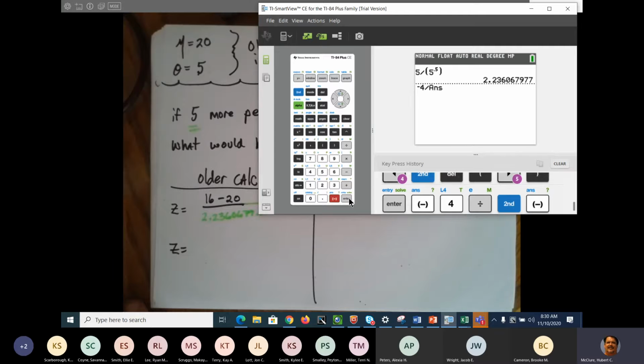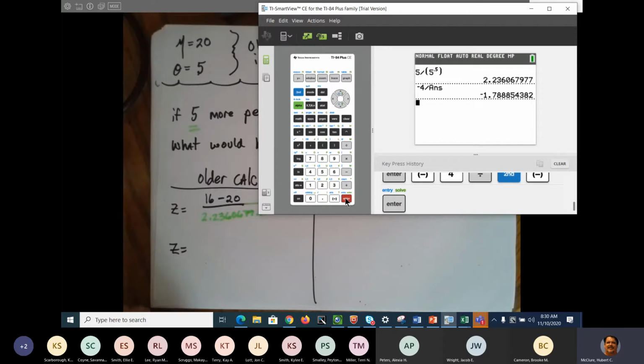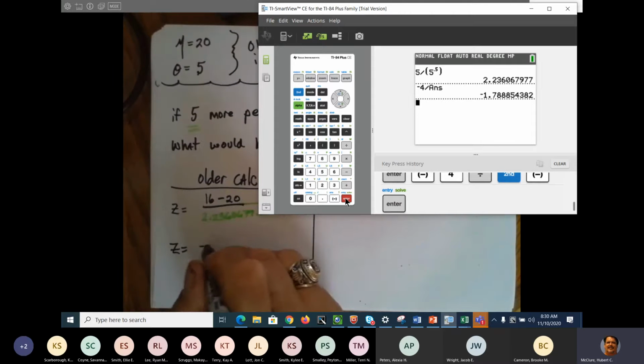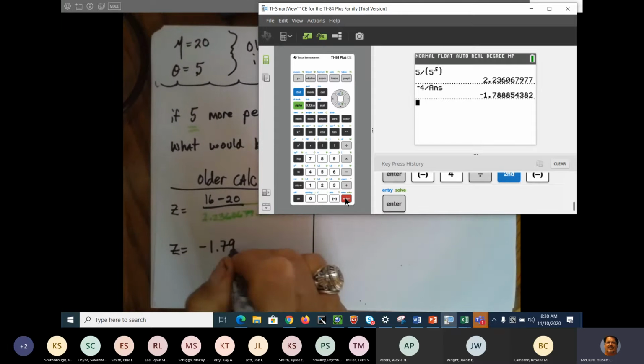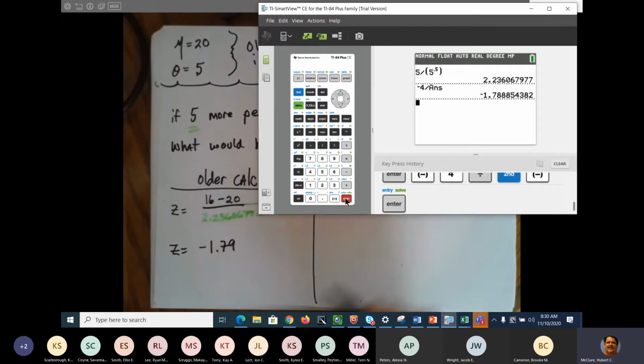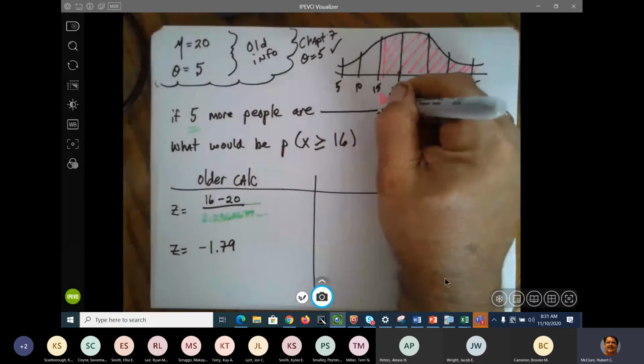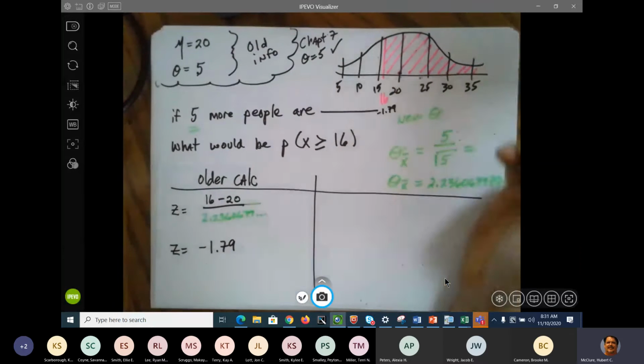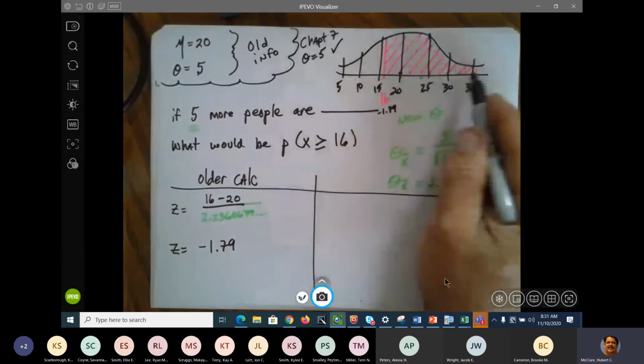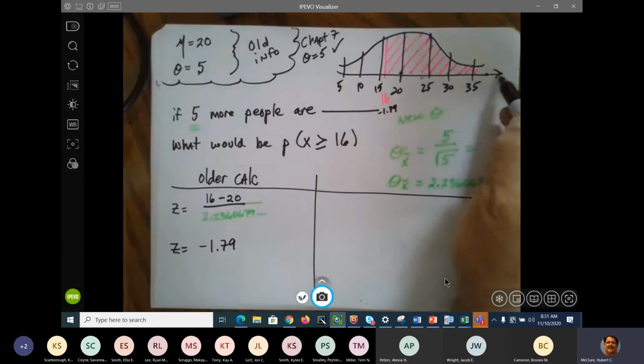It comes out to be -1.79. So I've just changed that 16 into a -1.79.